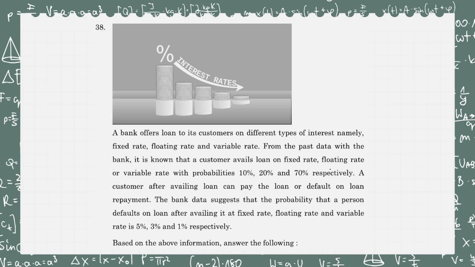And the person may default on the loan. That means the person fails to pay the loan completely. So, what is the probability for that?